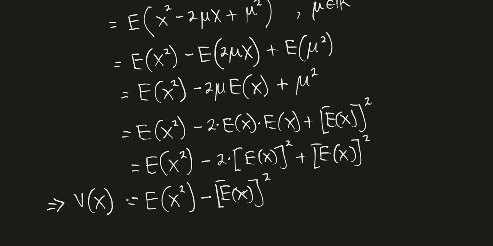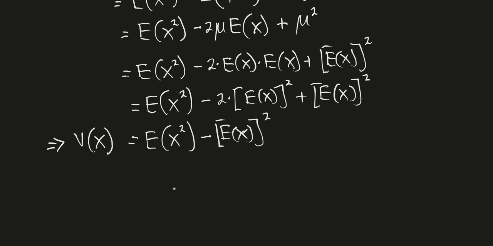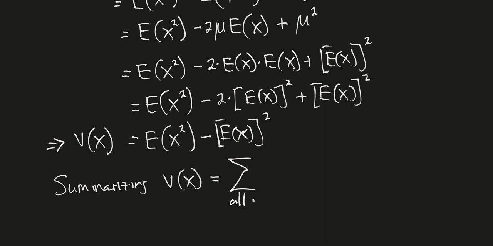So let me write, kind of in summary, what did we just do here, right? Well, here is the definition of the variance. It's the summation over all x of the x's minus the mean squared times the PDF values.